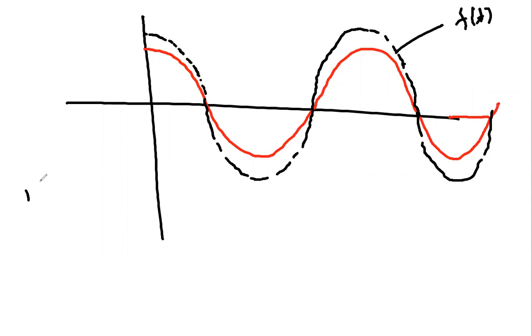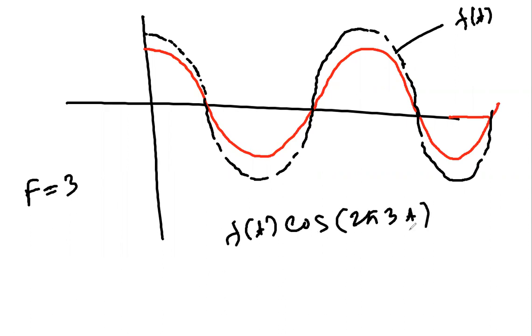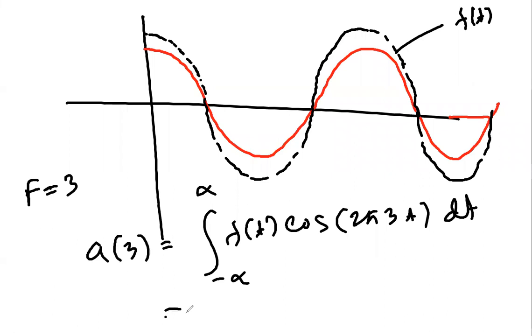Let's say the frequency f equals 3. So what is your expectation of the summation of f(t) cos(2π·3t) dt from minus infinity to plus infinity, which is nothing but A3? What is your expectation of the amplitude? Very high or very low? Very high, close to 1, and equal to 1.